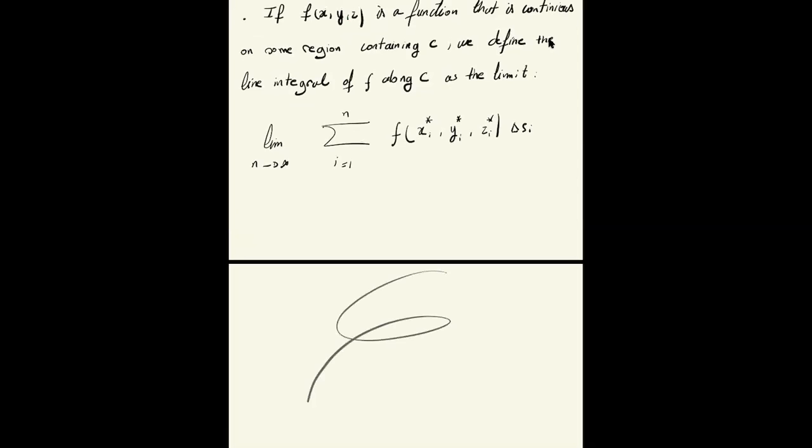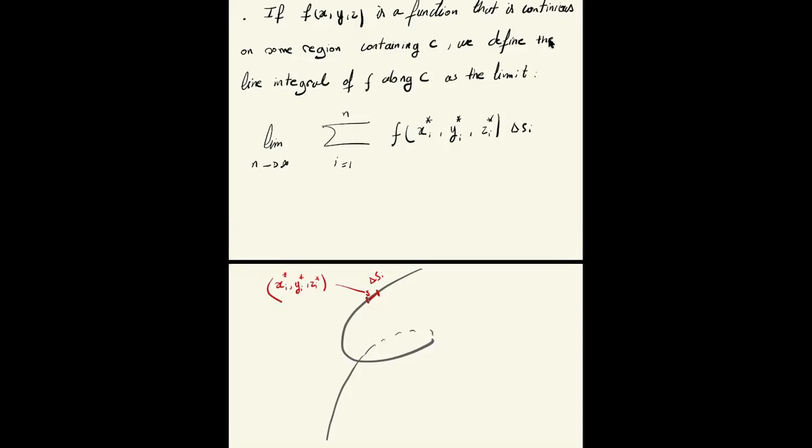Let me be more explicit here. If you have a function and a line, you take delta s_i, and you take a point on it, which is xi star, yi star, zi star.